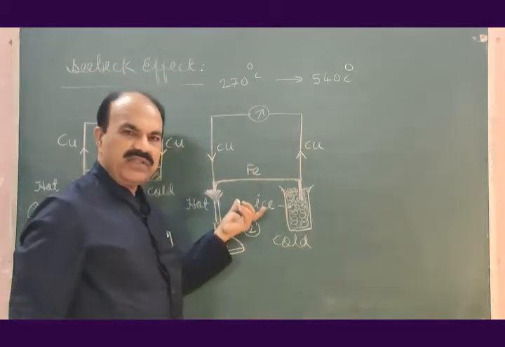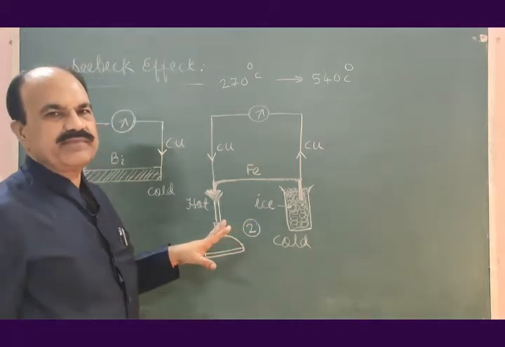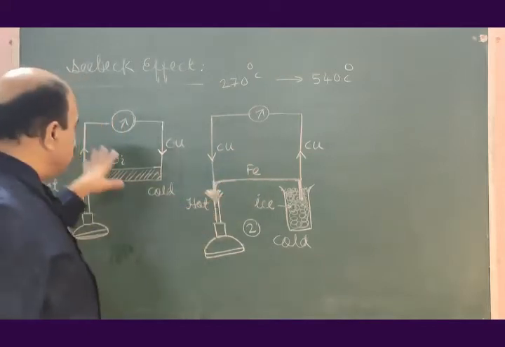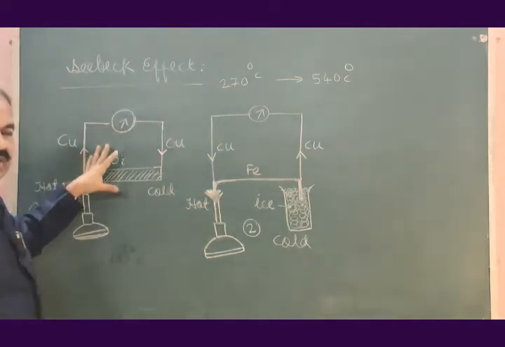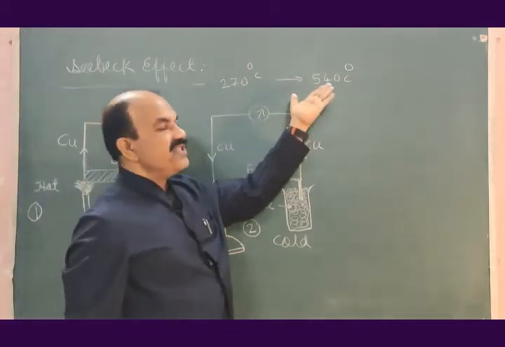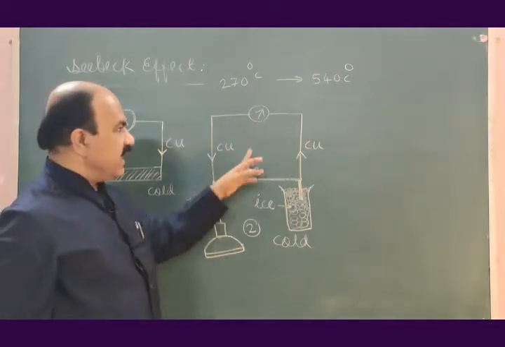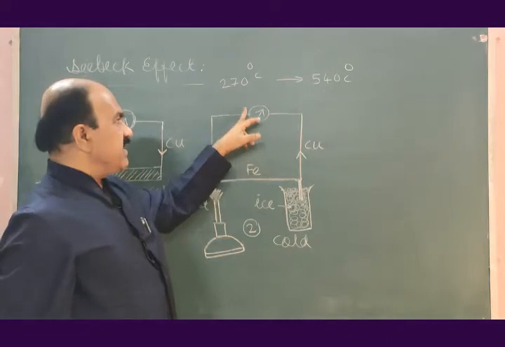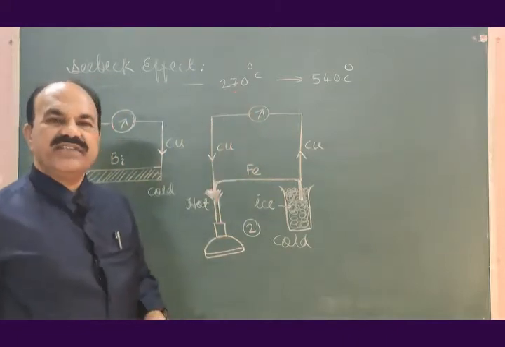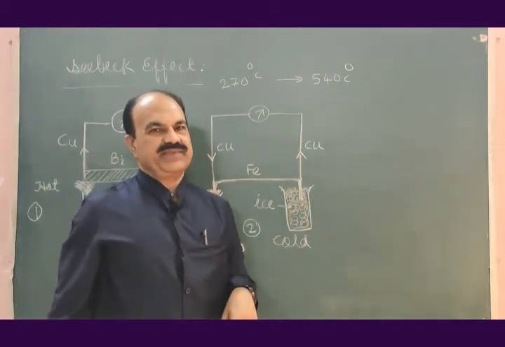Of course, this is true about every thermocouple. I am talking about this thermocouple, copper and iron. We can do the same thing with other thermocouples also, but the values of temperature may be different. For this thermocouple, the current through the galvanometer will be maximum if the temperature of the hot junction is 270 degrees Celsius and the cold junction is 0 degrees Celsius.